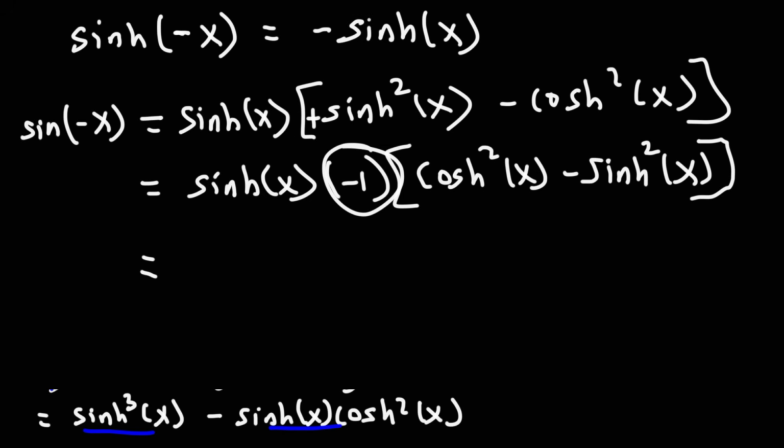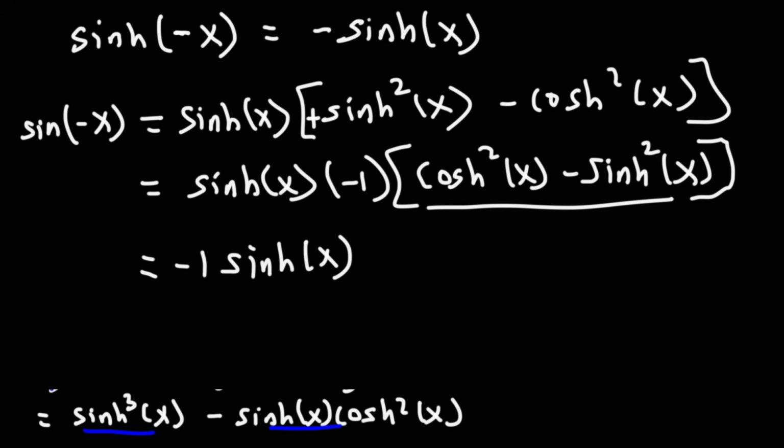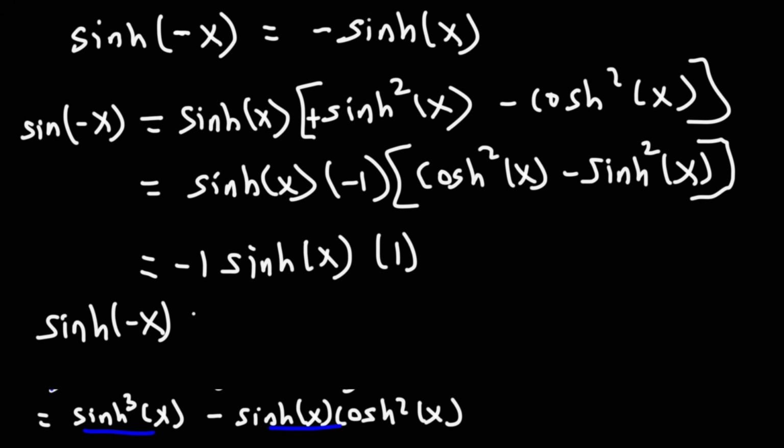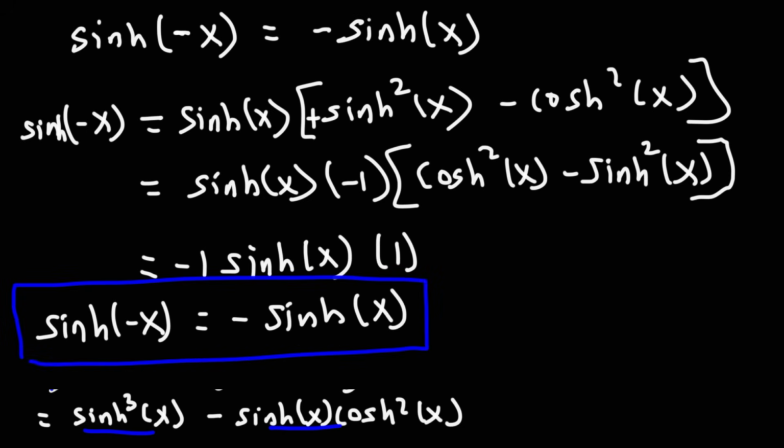So we have a negative 1 in front, or at least I'm going to move it to the front. And this part equals 1. So thus we have hyperbolic sine of negative x, there should be an h here, is equal to negative hyperbolic sine of x. So at least that's one way we can prove it.